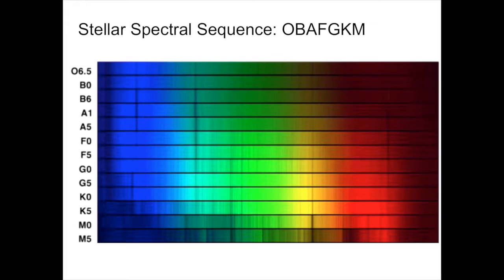This patterning of lines is no accident. It turns out to be related to the temperature of the atmospheres of these stars, because what atoms are present in what atomic states is determined by the temperature and pressure inside the atmosphere of the star.